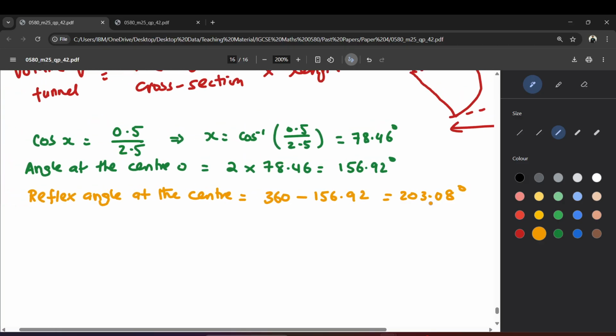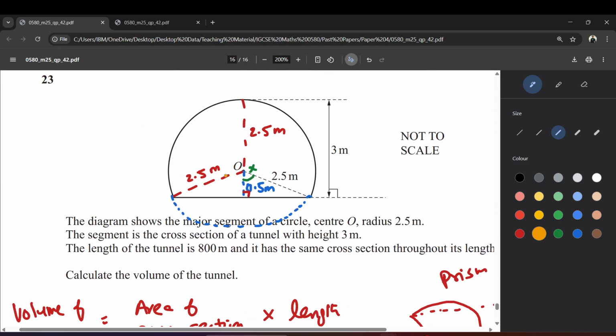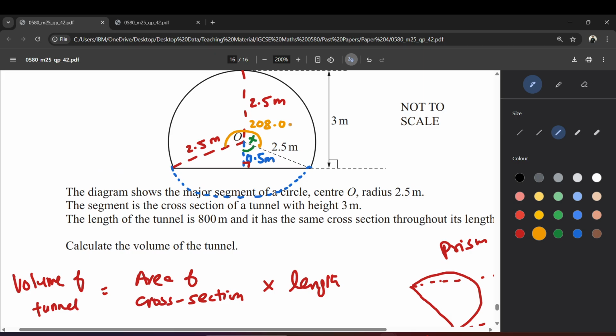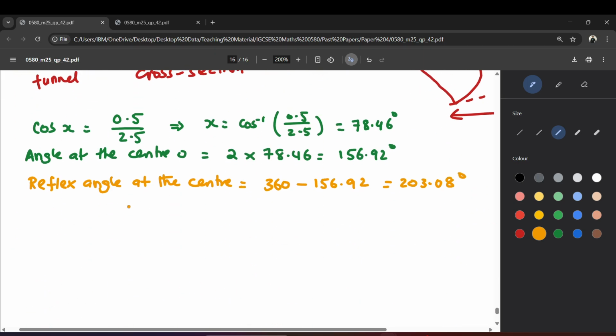Okay, that is this angle. Now that I know this angle, I can find the area of this major sector.